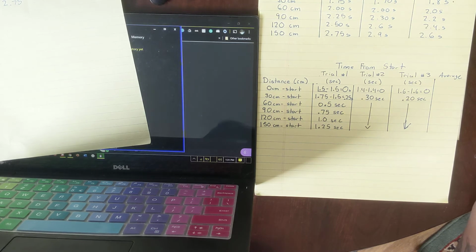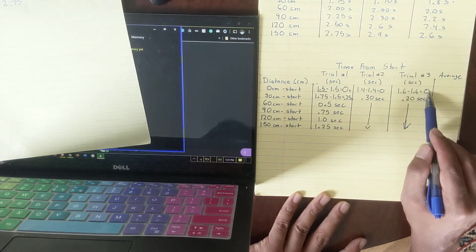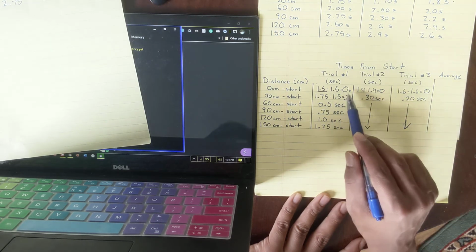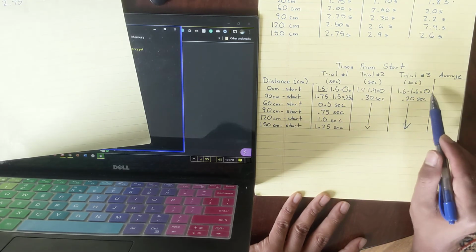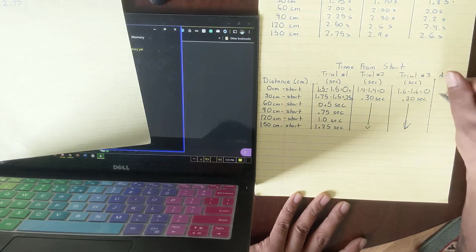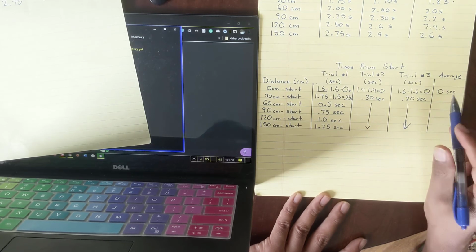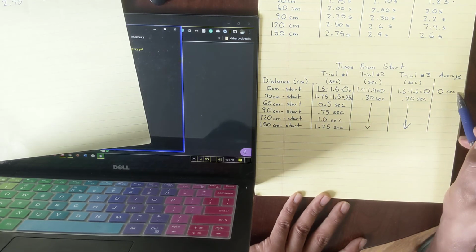So remember, to calculate an average, you're going to add up the 3 values and then divide by the number of trials. In our case, we're going to divide by 3 because there are 3 trials. So each value is 0, so we know the average is also going to be 0. No need to put that in the calculator. That's what we wanted. We wanted our start time to be the same so it's easier to compare.